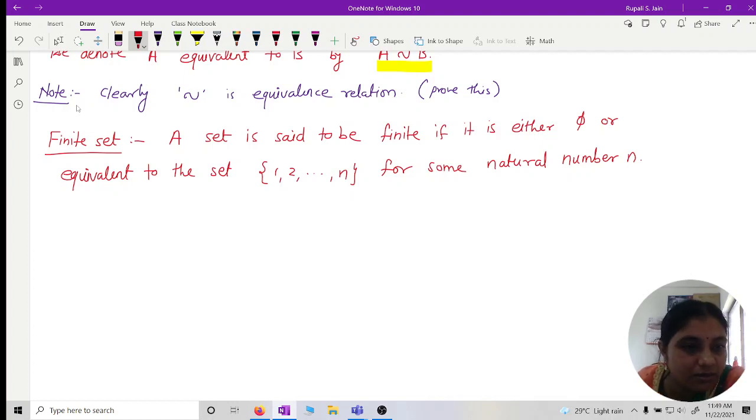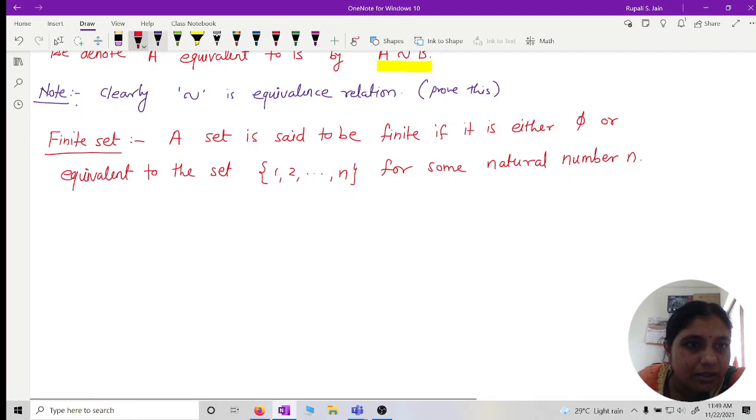Finite means everybody knows bijective map, one-one and onto. Anyhow, we have to prove this in the next examples, so at that time you will come to know.